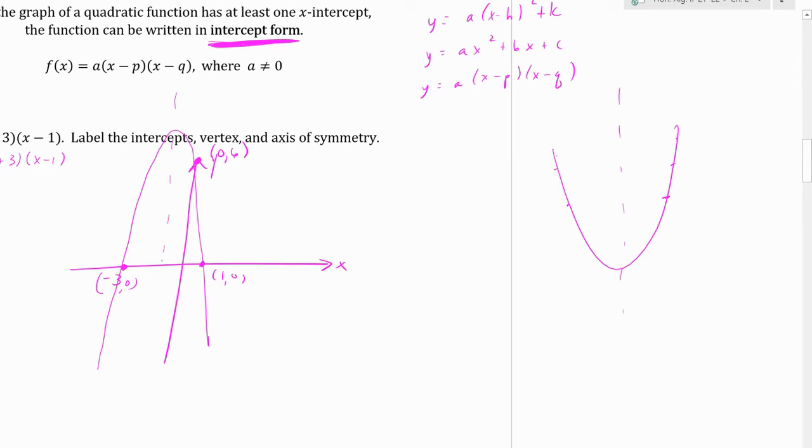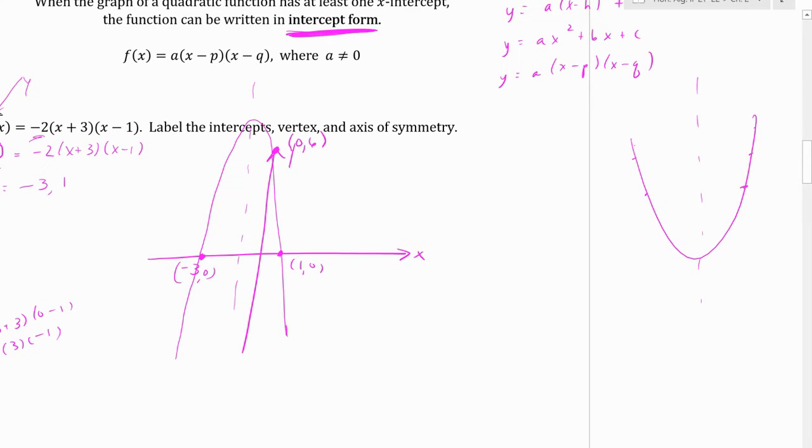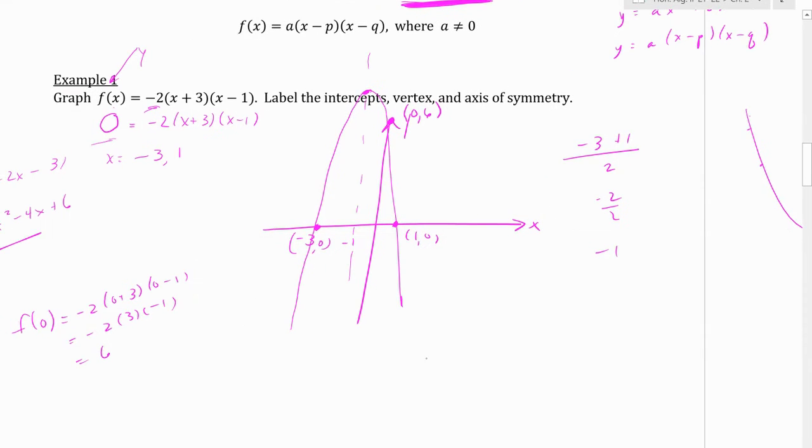So that halfway between is cutting down the middle. Well, how do you get halfway between two numbers? You average them. So right there at -1, we've got ourselves an axis of symmetry. And then we could find that vertex by going up here and plugging in the -1.